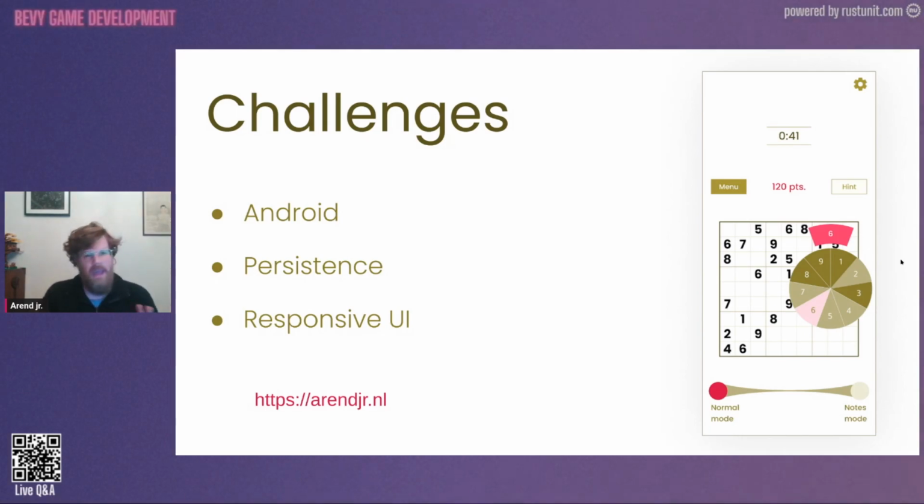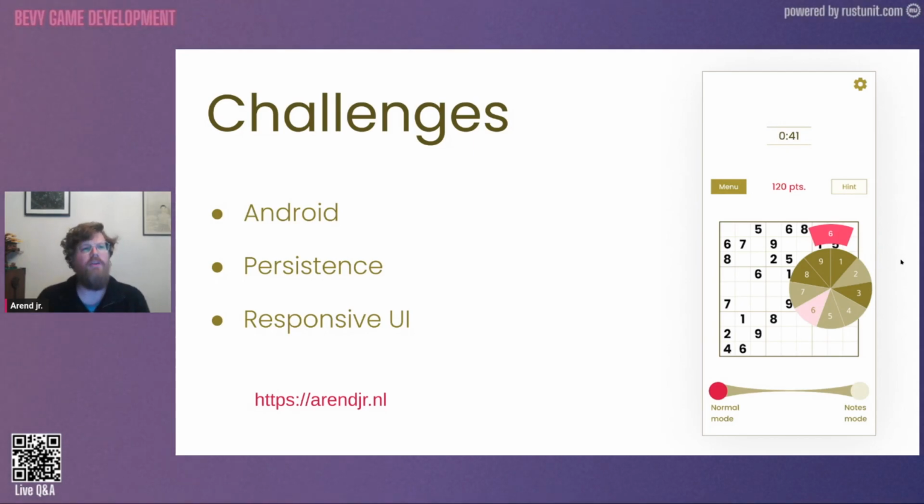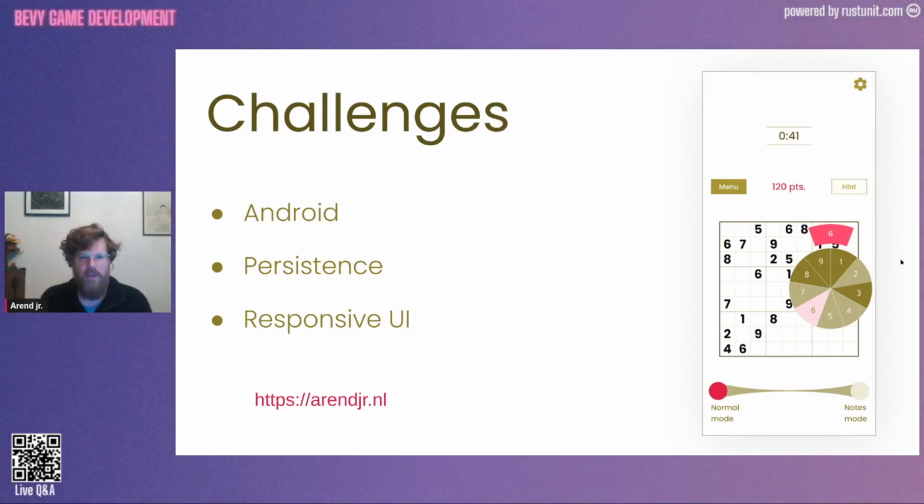Another challenge that we ran into was persistence. Of course, mobile apps can be backgrounded at any point in time. They can be killed at any point in time. And what you don't want is a user coming back to your app and the Sudoku that they half finished the previous time being gone, right?